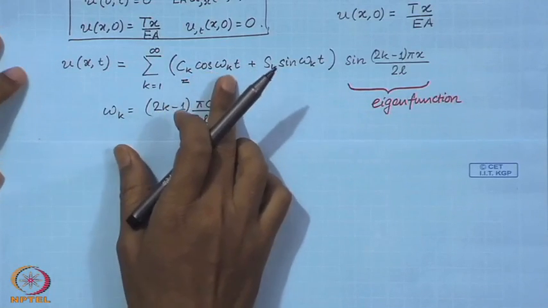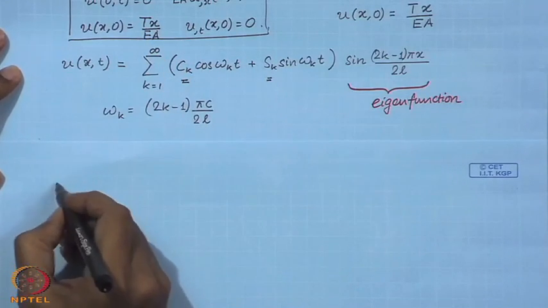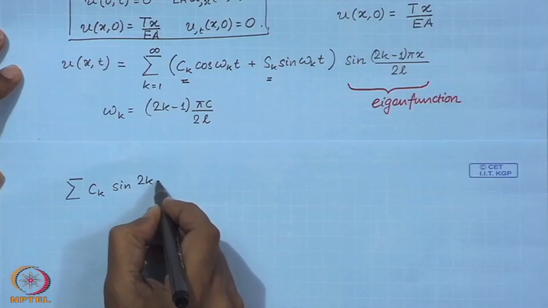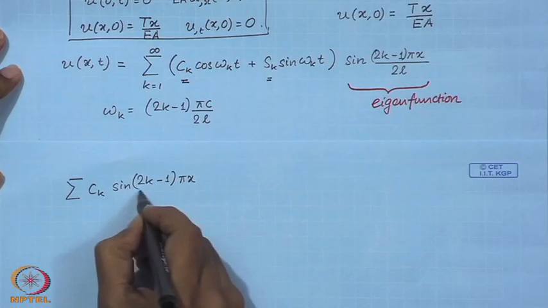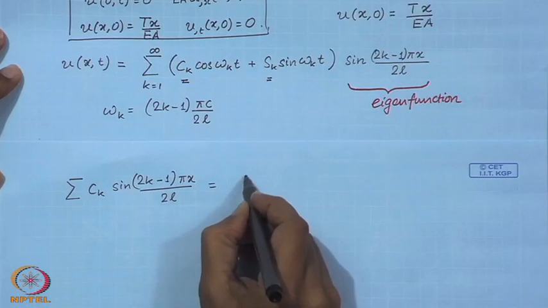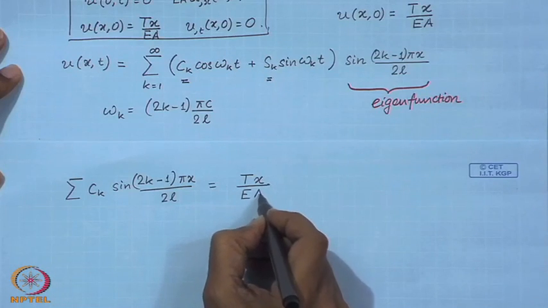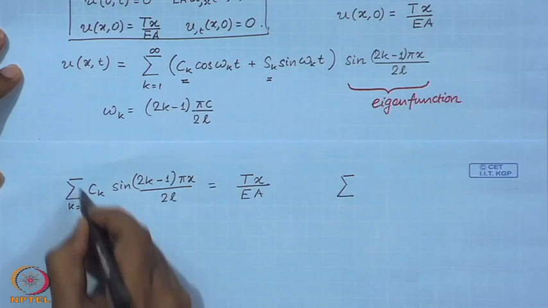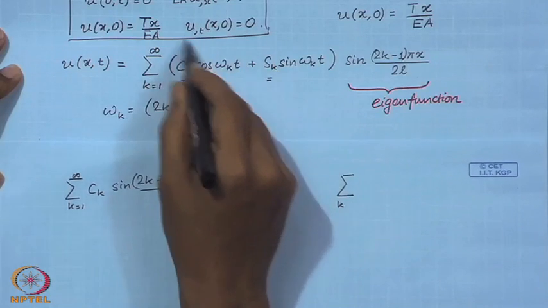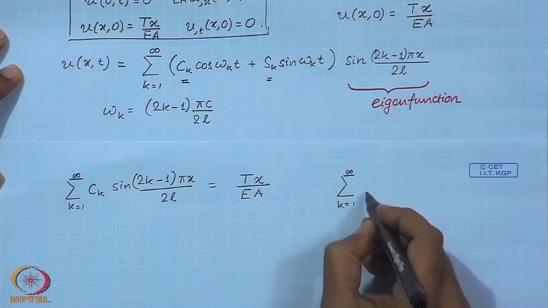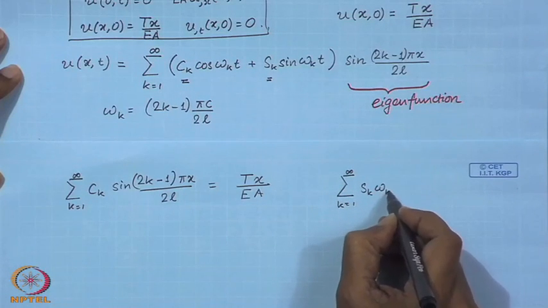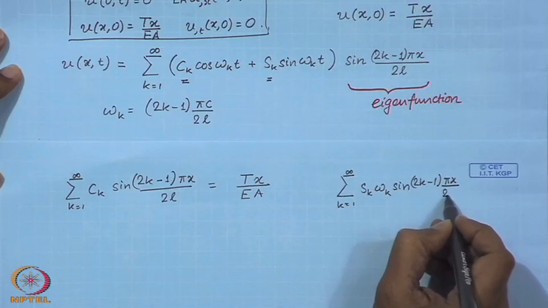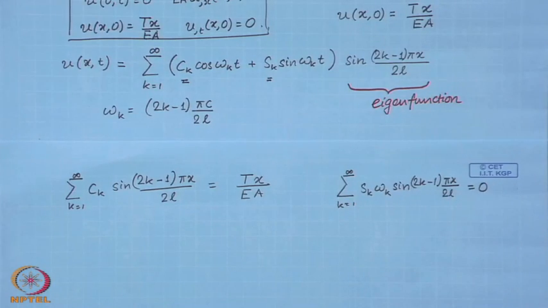So, when you substitute this in the first initial condition, and similarly for the velocity condition, these are all 0.